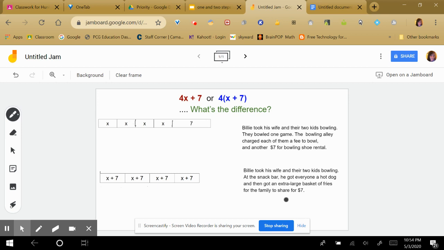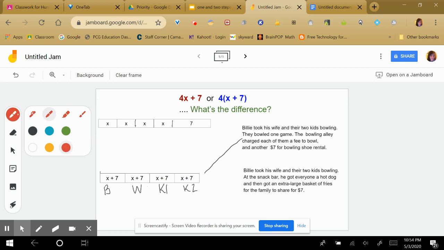Because let's say that this is Billy, this is his wife, this is kid 1, and this is kid 2. Let's see if that fits. Billy had to pay a fee plus $7. Wife had to pay a fee and $7. Each kid did too. So this one actually does match up with that problem.